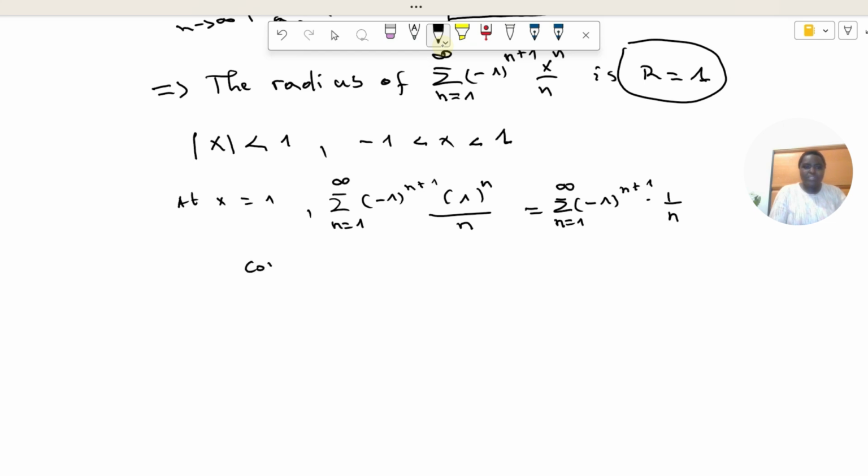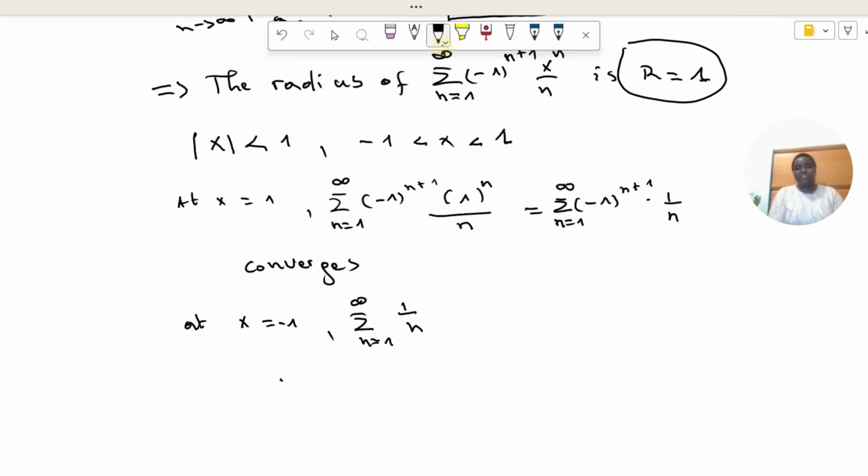We have convergence here, our series converges. But what about at x equal to minus 1? At x equal to minus 1, our series will become the summation from 1 up to infinity of, this will cancel to 1 over n, and this is a harmonic progression, and the harmonic progression diverges.